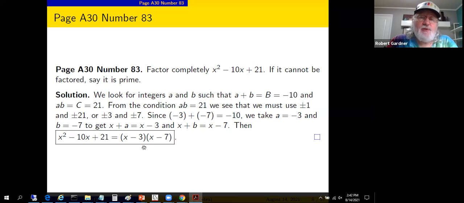We'd have first, that'd be x squared, outer minus 7x, inner minus 3x. Minus 7x minus 3x is minus 10x, the center term here. And last, negative 3 times negative 7 would be positive 21 as desired. So indeed, FOIL works, and we did it correctly.